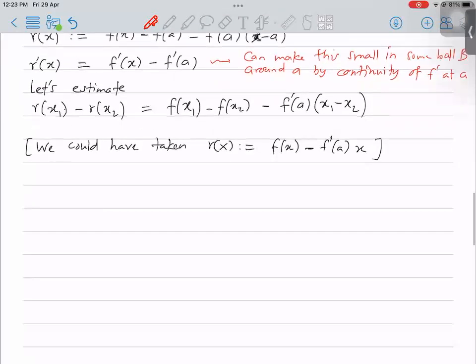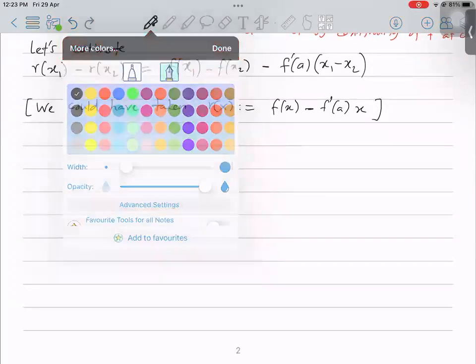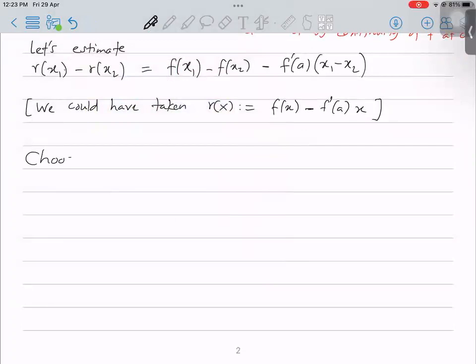Okay, all right. So here, let's estimate this. Choose a good ball B centered at a with all of the following properties.